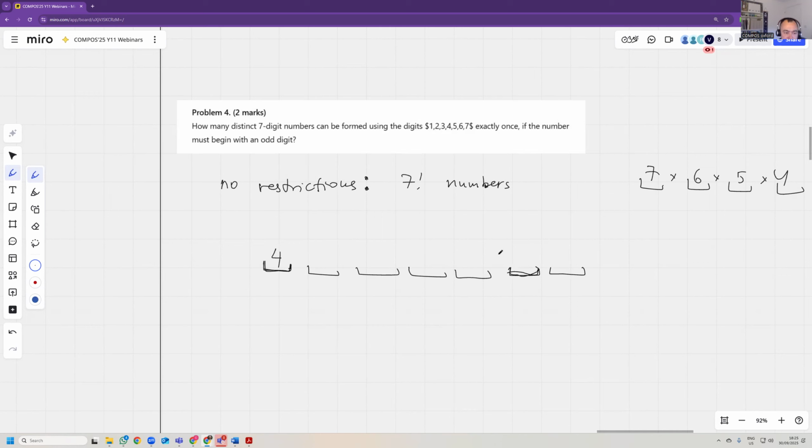So that's 6 factorial, or 6, 5, 4, 3, 2, 1. Therefore, it's 4 multiplied by 6 factorial numbers starting with an odd digit. Okay.